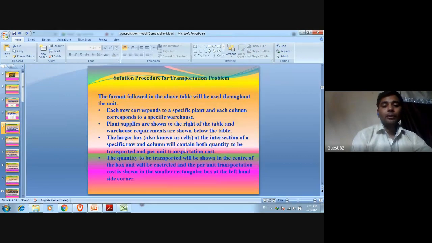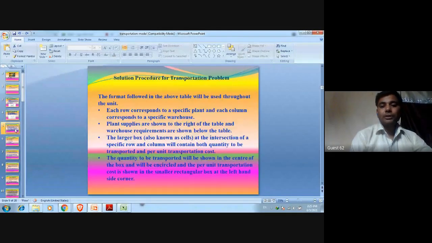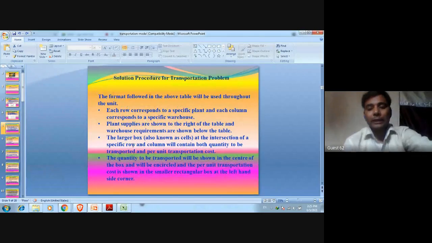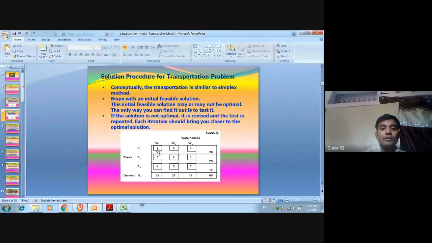Now, these cells carry the per unit transportation cost, which is written here. The larger box, also known as a cell, at the intersection of a specific row and column will contain both the quantity to be transported and the per unit transportation cost. Here I've shown you only the per unit transportation cost, but there is no transported unit.